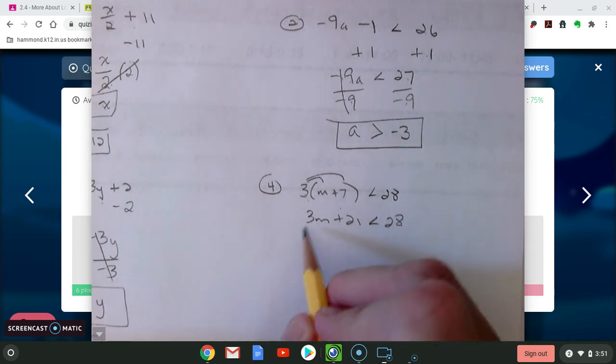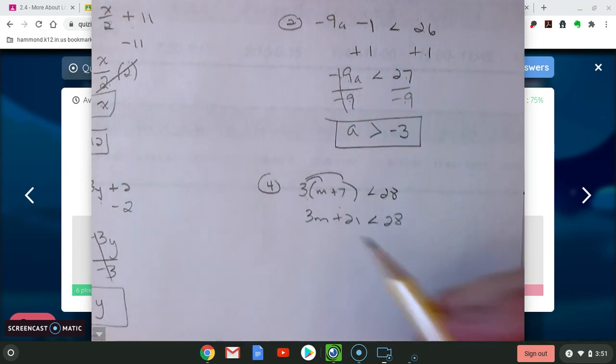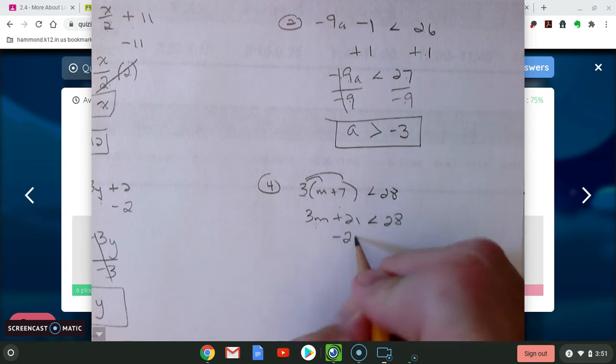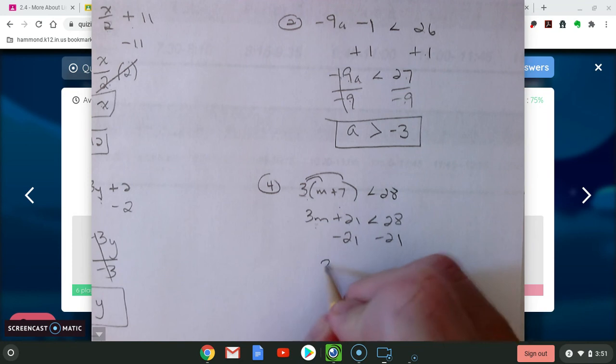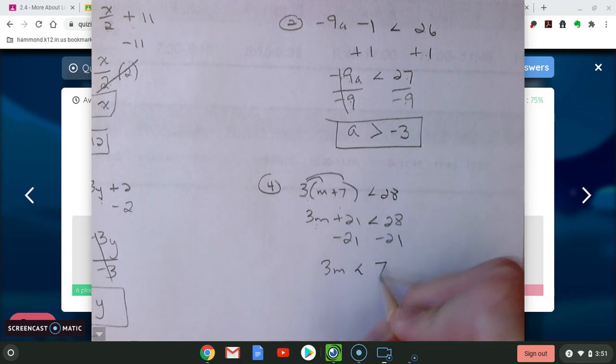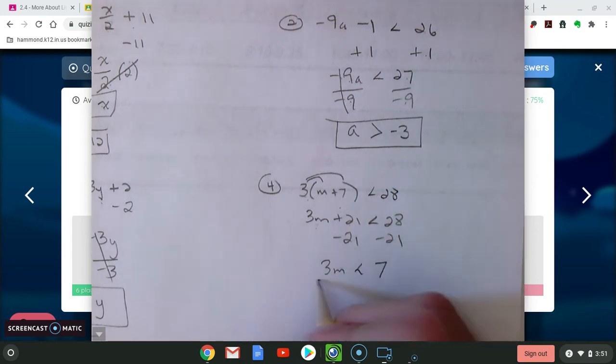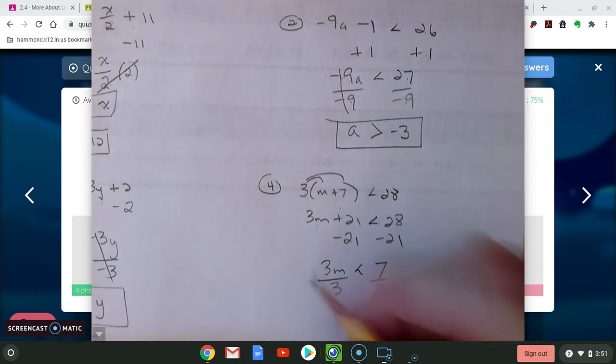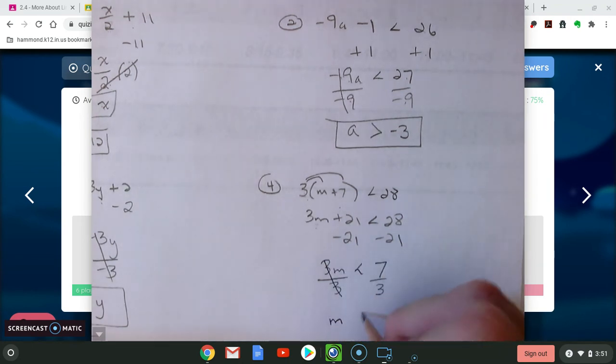Okay, so just like previous, I have 2 steps to undo here. I'm going to save the 3m for last. Let's subtract 21 to undo adding 21. So 3m is less than 7. Okay, now I'm going to divide both sides by 3. The left side is just m.